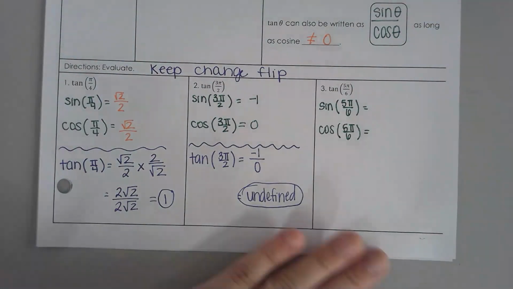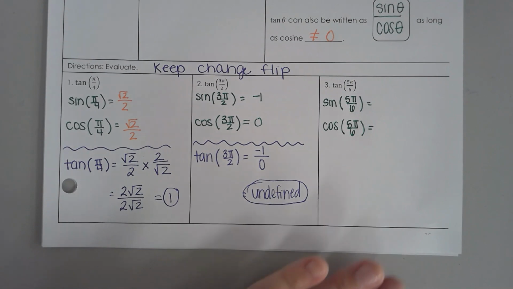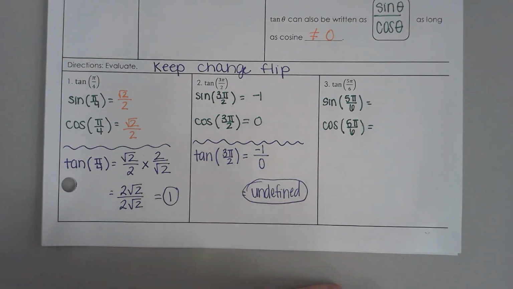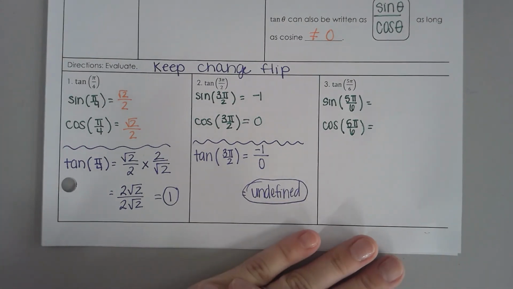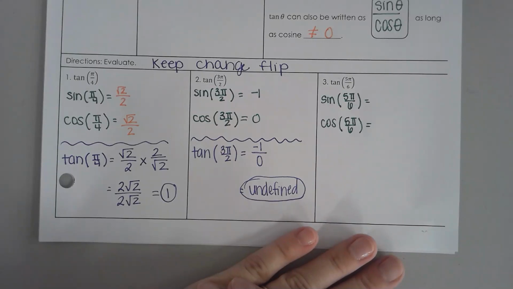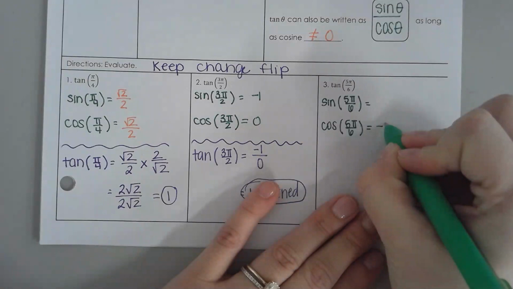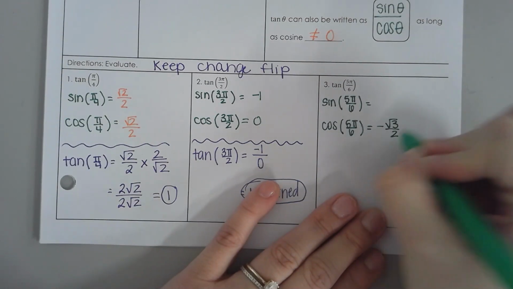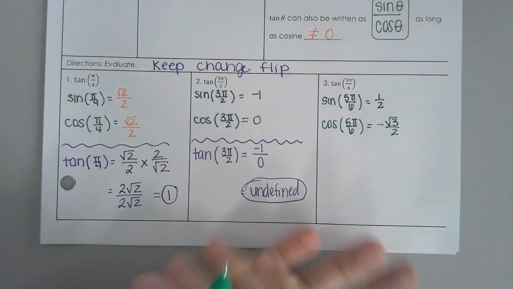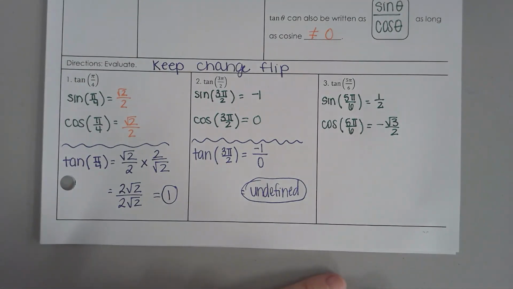What is sine of 5 pi over 6? That's cosine. Positive 1. Are you looking at a unit circle? Good job.